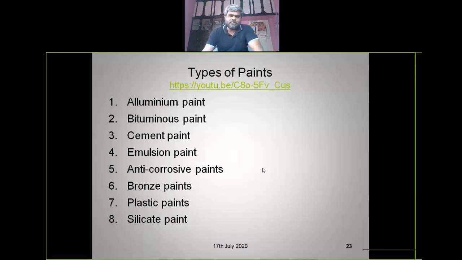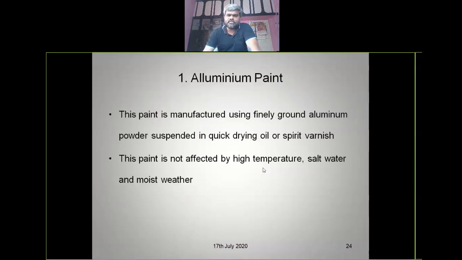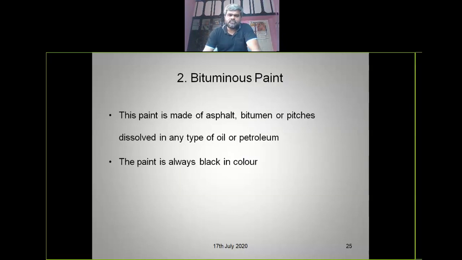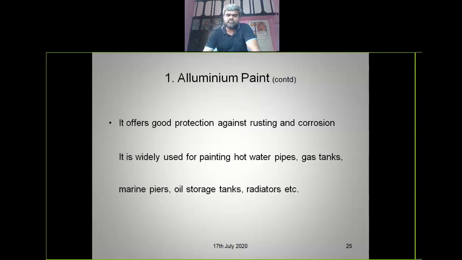These are the various types of paints. Aluminum paints are manufactured using finely ground aluminum powder, and the paint is not affected by high temperature, and salt water also can be used.